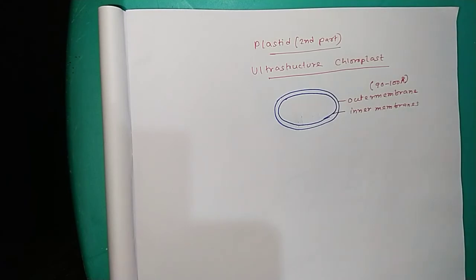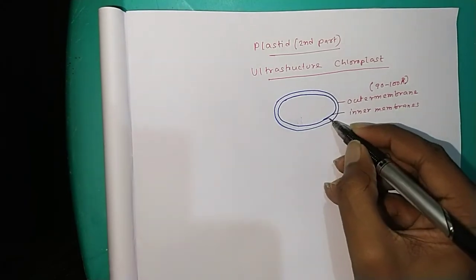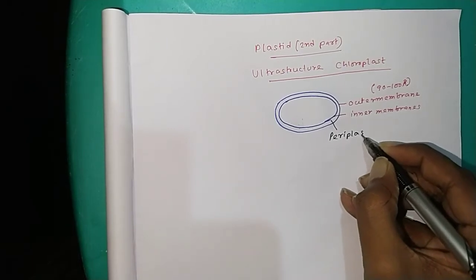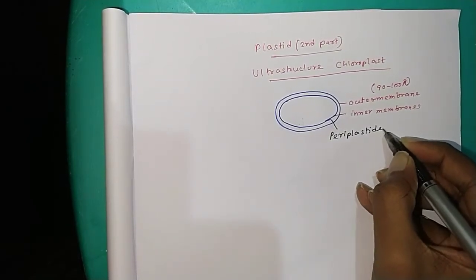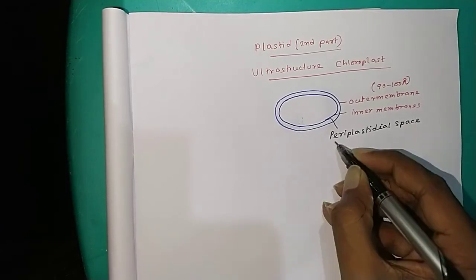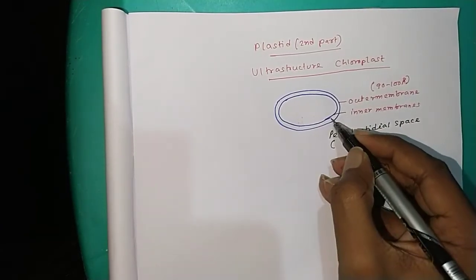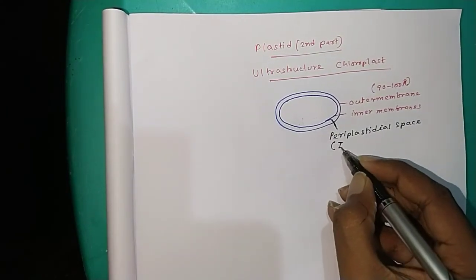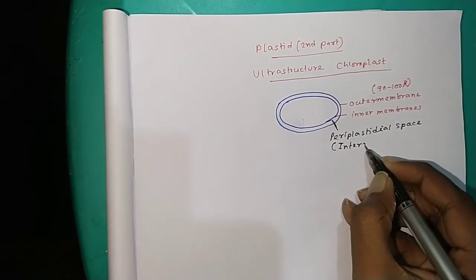The space in between these membranes is called the periplastidial space, or, as it is present in between the membranes, it is called the intermembrane space.